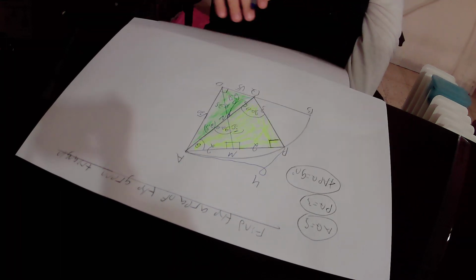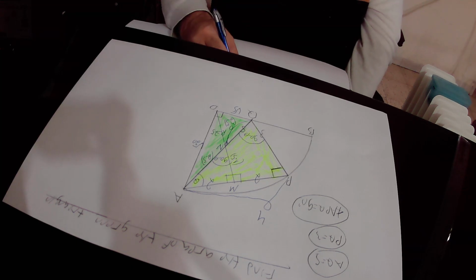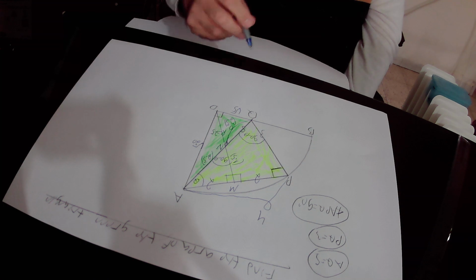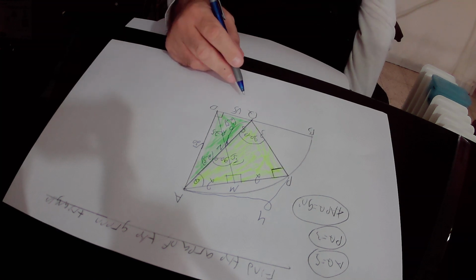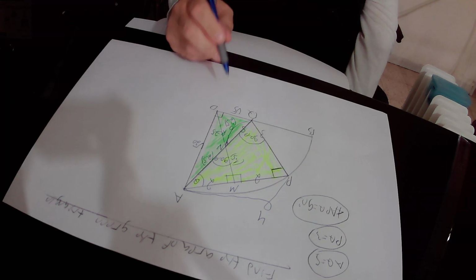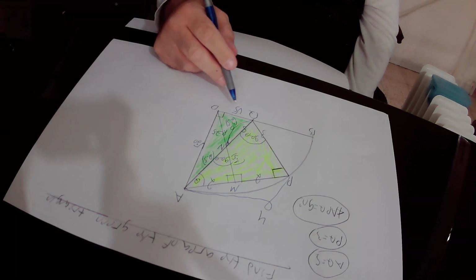So the base of the green right triangle AOQ is QO, and the height is AO. Why is the height AO? Because it creates 90 degrees with the base QO.